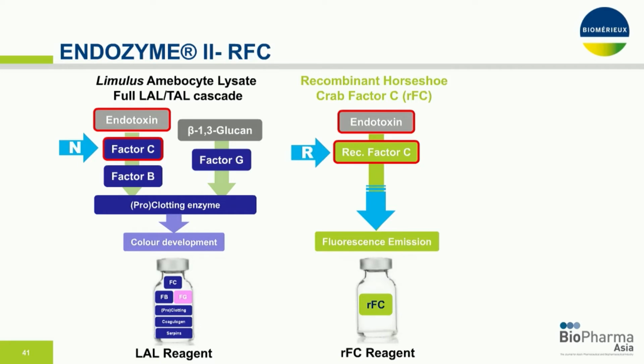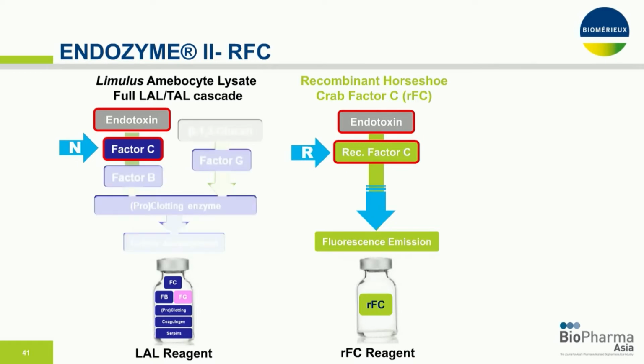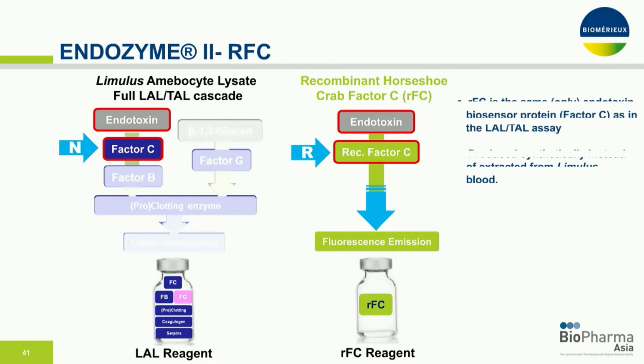There's proclotting enzyme, coagulogen. So there's a number of proteins there. And with the recombinant factor C, only the factor C has been cloned from the horseshoe crab and produced synthetically. So it's the only biosensor present.